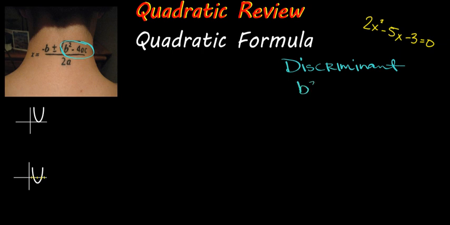Now that b squared minus 4ac is going to tell you how many solutions, and it's going to tell you what kind. Having a spelling issue.